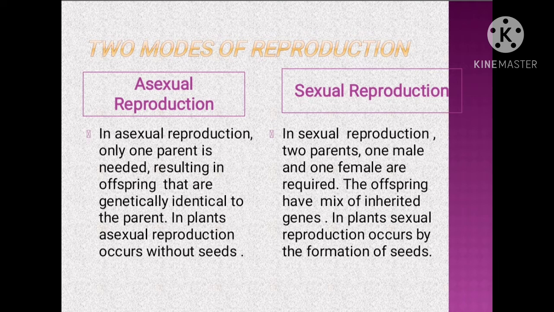Each parent produces reproductive cells called gametes. The male produces sperm and the female produces the egg or ovum. The offspring have a mix of inherited genes. In plants, sexual reproduction occurs by the formation of seeds.